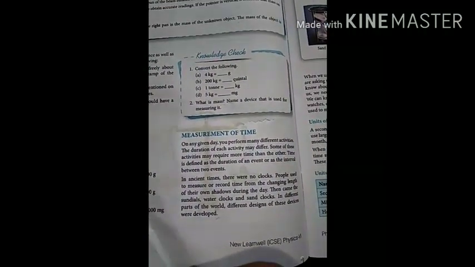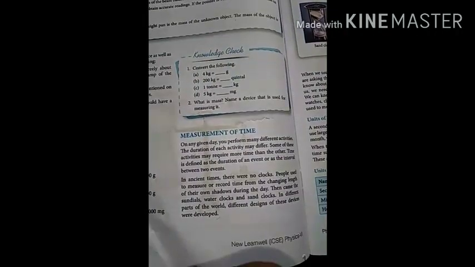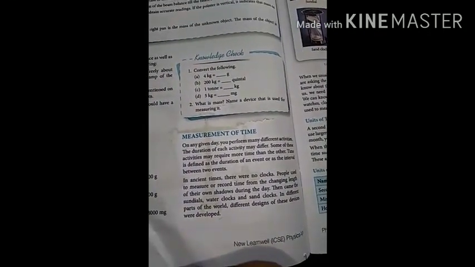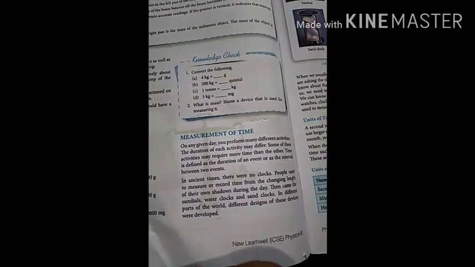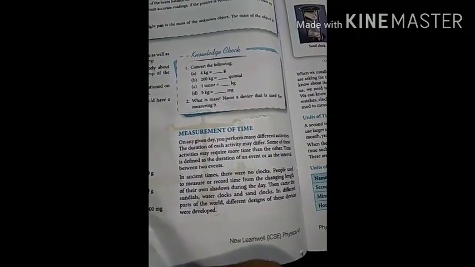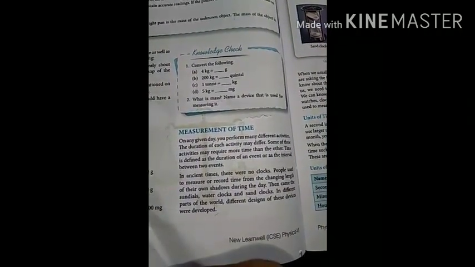Now measurement of time. In our daily life, we perform many different activities. The duration of each activity differs. Suppose the duration of bathing differs from the duration of eating a meal. Duration of sleeping differs from the duration of studying at home.